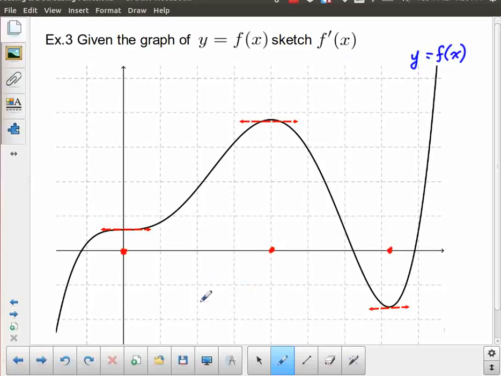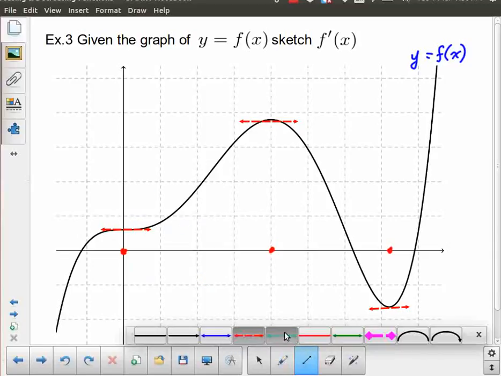Now let's take a look at what we know about some intervals. I'm going to switch the color of the line I'm using. Now that we've identified these 3 key points, because they are where the tangent is equal to 0, let's take a look at what's to the left of this one.